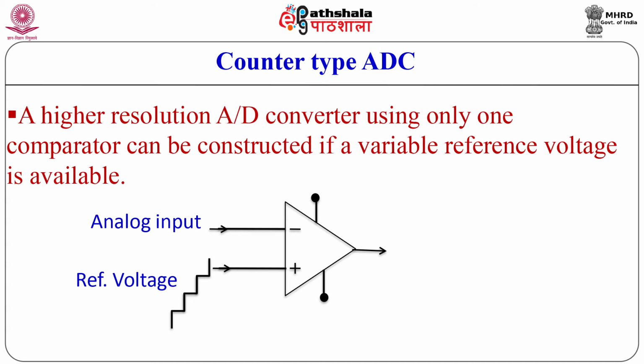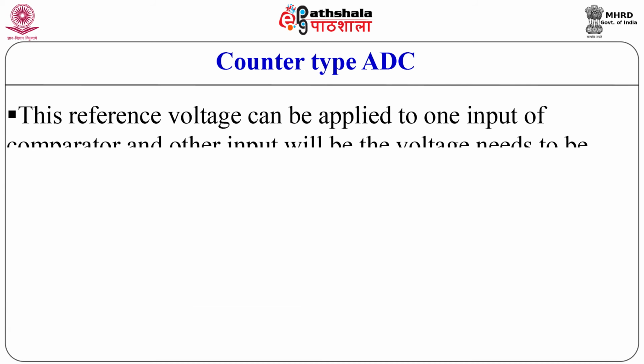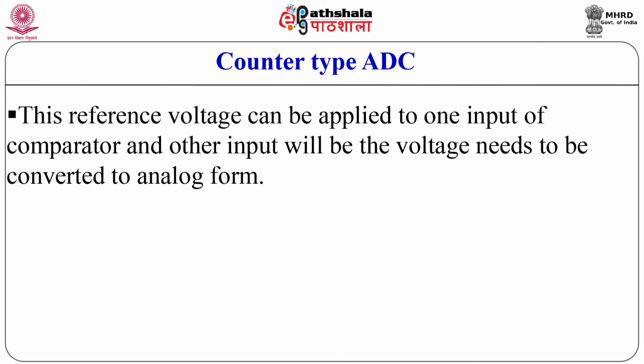As shown in figure, one input to comparator is analog input, whereas the other input, which is the reference voltage, is not steady but a variable reference voltage. The reference voltage can be applied to one input of the comparator and the other input will be the voltage that we want to convert into digital form.